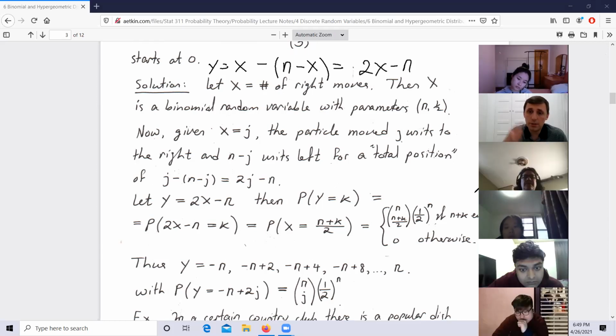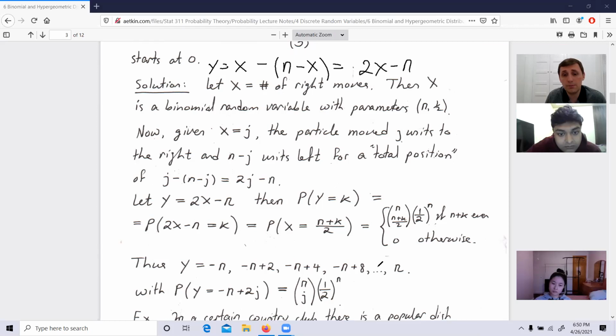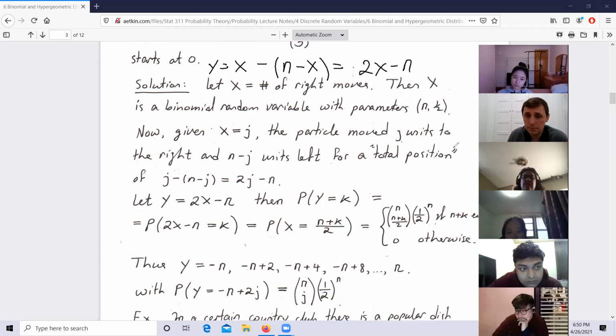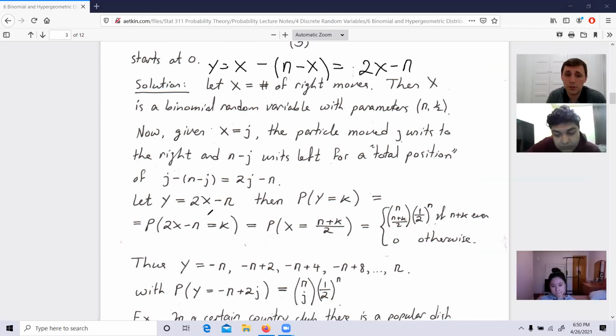You agree? Because X, the number of right moves, is either 0 or 1 or 2 or 3 or all the way to n. So you can see that you just multiply by 2, the addition here. So it's minus n plus an even number. Those are the positions possible. Agreed? It's just minus n plus an even number. That's because the number of right moves is multiplied by 2 here.